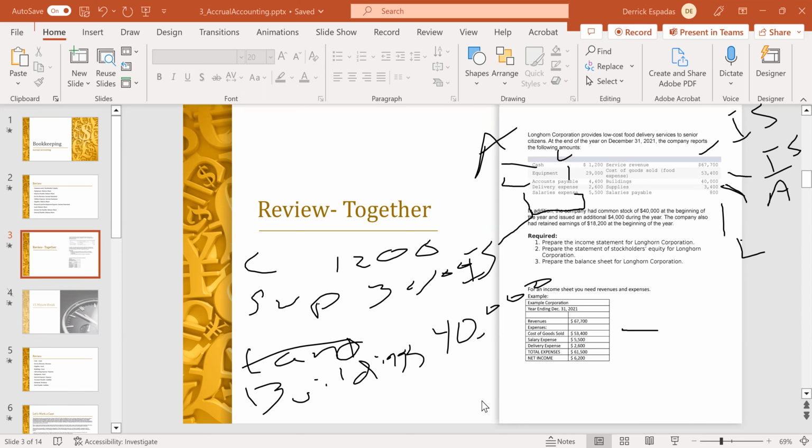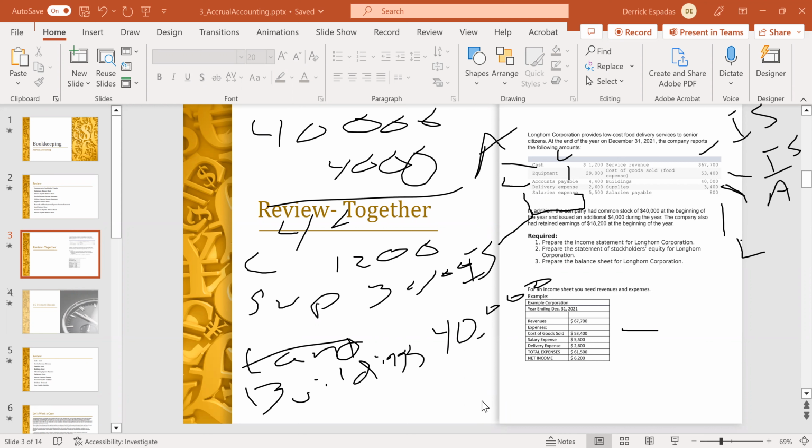Make sure I still have my drawing abilities. So we put our 40,000. We issued an additional 4,000. That equals 44,000 of stockholders' equity.